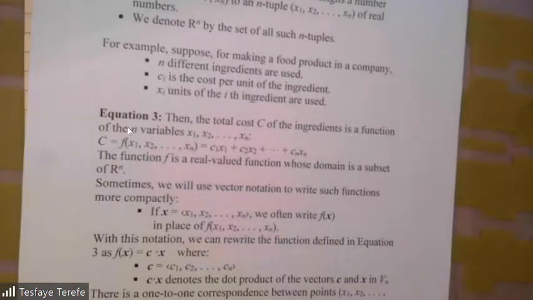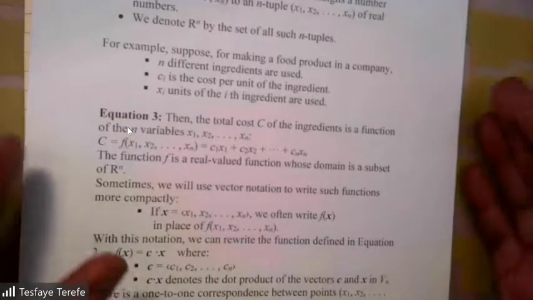For example, suppose for making a food product in a company, n different ingredients are used. And c sub i is the cost per unit of the ith ingredient, then x sub i units of the ith ingredient are used. So these are actually examples of n inputs. So in equation 3, the total cost of the ingredients is a function of n variables, x1, x2, up to xn.